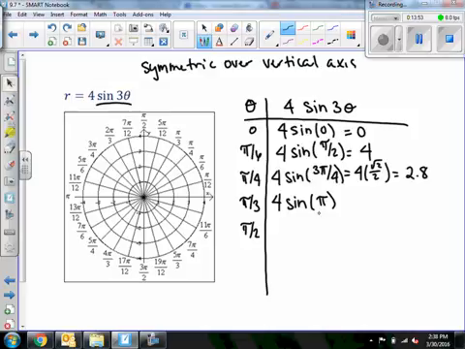Sine of pi being 0. This is 0, 4 times 0. At pi/2, this becomes 4 sine of 3 times pi/2, which is 3 pi/2. Sine of 3 pi/2 is negative 1, so 4 times that becomes negative 4.